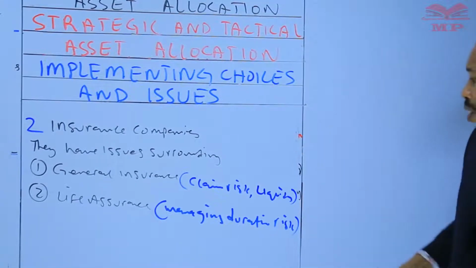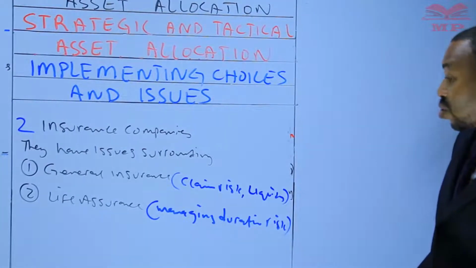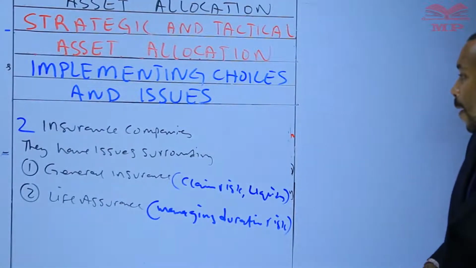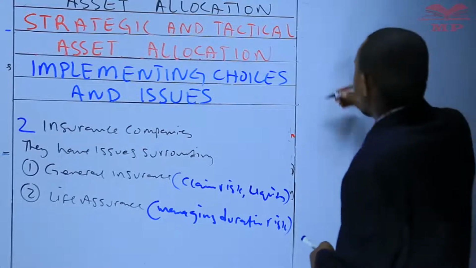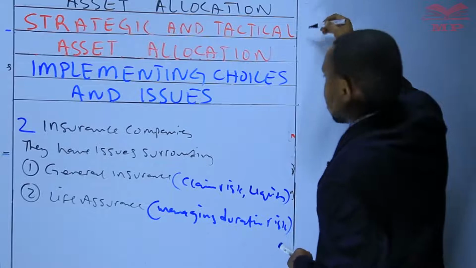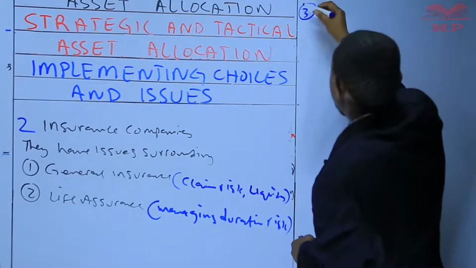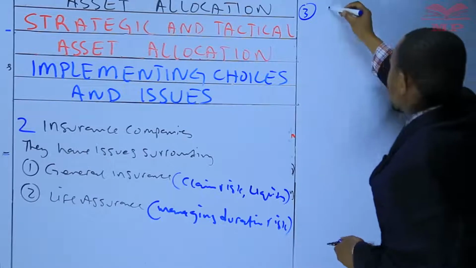For insurance companies, it's claim risk and liquidity risk. Managing duration risk is also a concern for insurance companies. So, other institutional investors, such as foundations. So number 3, you can say, is foundations.